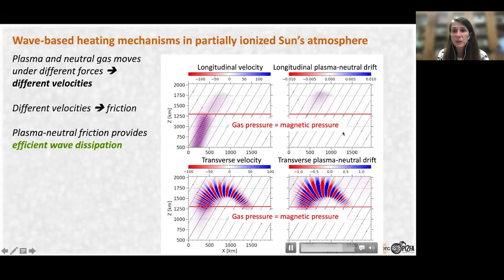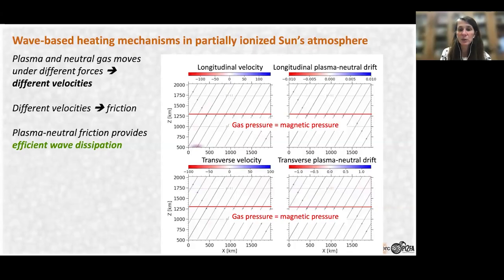But on top of this, the magnetic waves that we produce here through this transformation are actually much more prone to releasing the magnetic energy than the initial acoustic wave. This is so because the wave is now driven by the magnetic forces. The magnetic field is very, very strong there. So it makes our charges move in one way and our neutrals move in the other way.